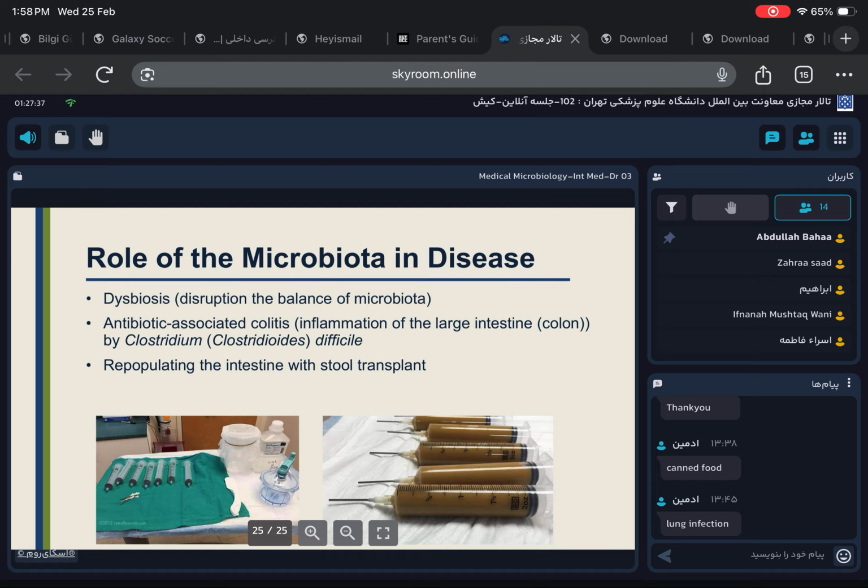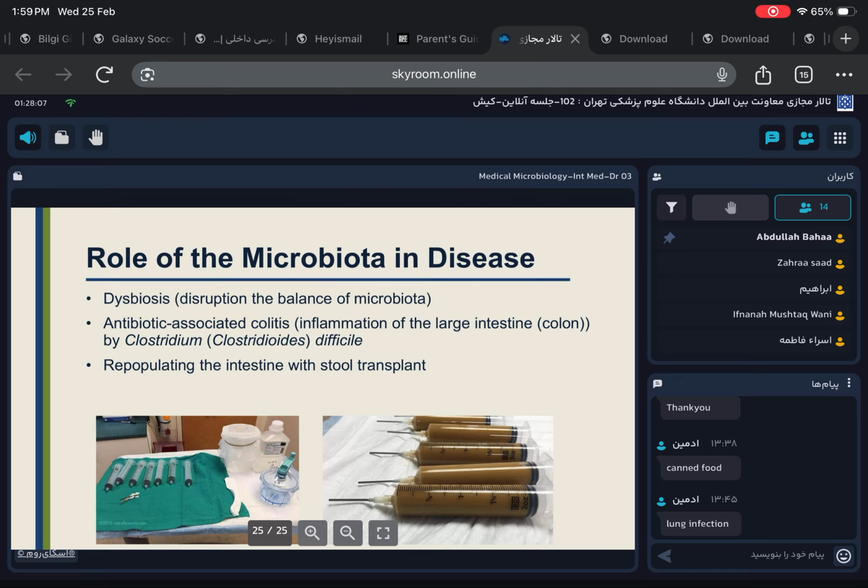I should say that the antibiotics upset the microbiota, and some patients, especially if they are on antibiotics which have a broad spectrum of activity, especially for a long time, to cure their infection, it's possible that they also lose a very important part of their microbiota in the intestine.